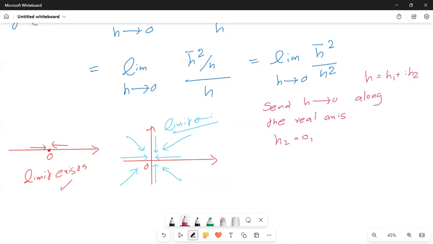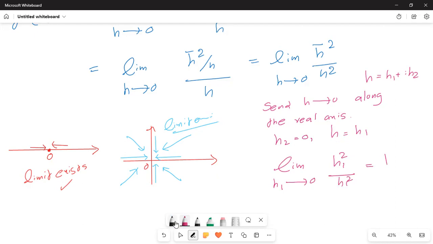Therefore, h is equal to h1. So simply you have this limit as h1 approaches 0. h2 is now 0, and the conjugate of a real number is just the number itself, so the limit is definitely 1. So this is our first limit.